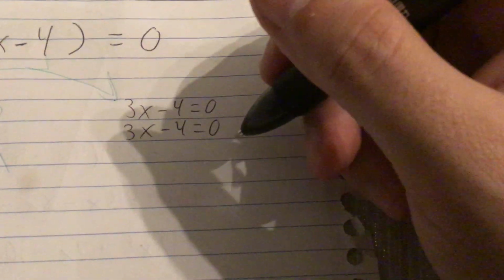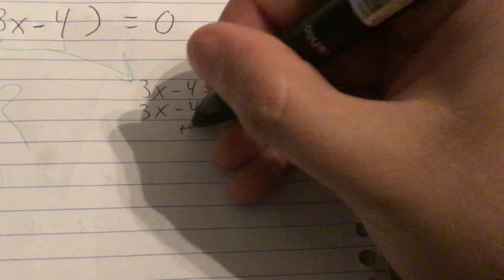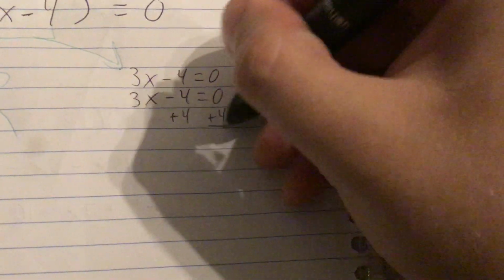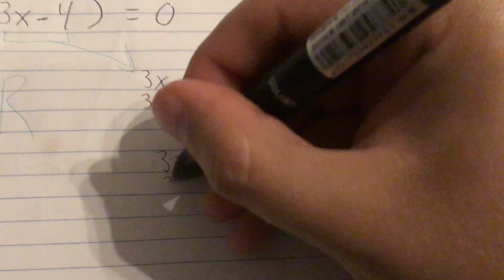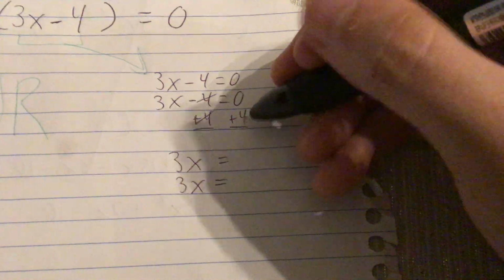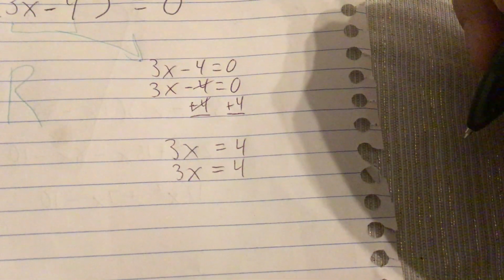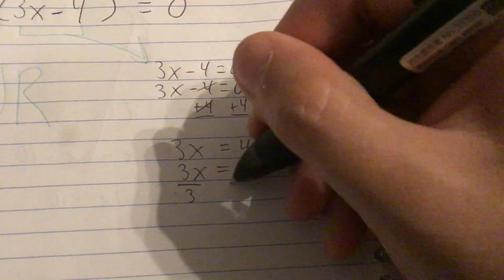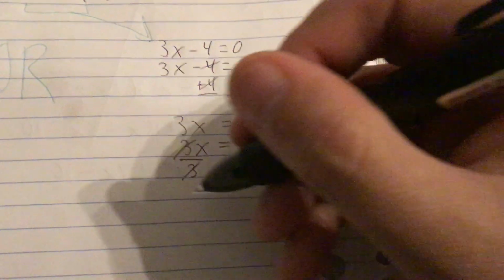Now, let's look at the right side. 3x minus 4 is equal to 0. If I add 4 on both sides, now I'm left with 3x is equal to 4. So far, so good. Now I want to get x isolated. I'm going to divide both sides of the equation by 3. That cancels out.